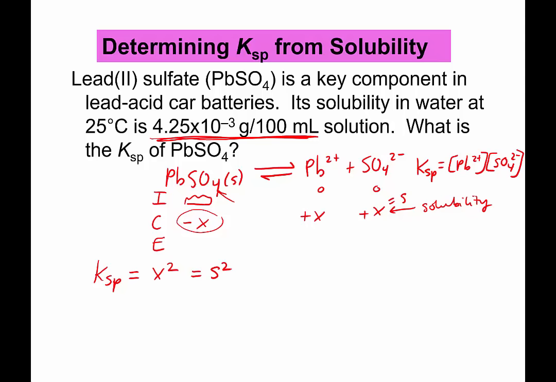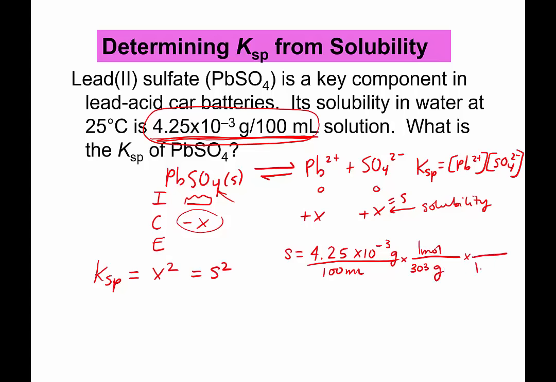We know what our solubility is, but it's not in molarity, so we need to convert it. Our solubility is equal to 4.25 times 10 to the negative third grams per 100 milliliters. We divide this by the molecular weight, which is roughly 303 grams in 1 mole of PbSO4.